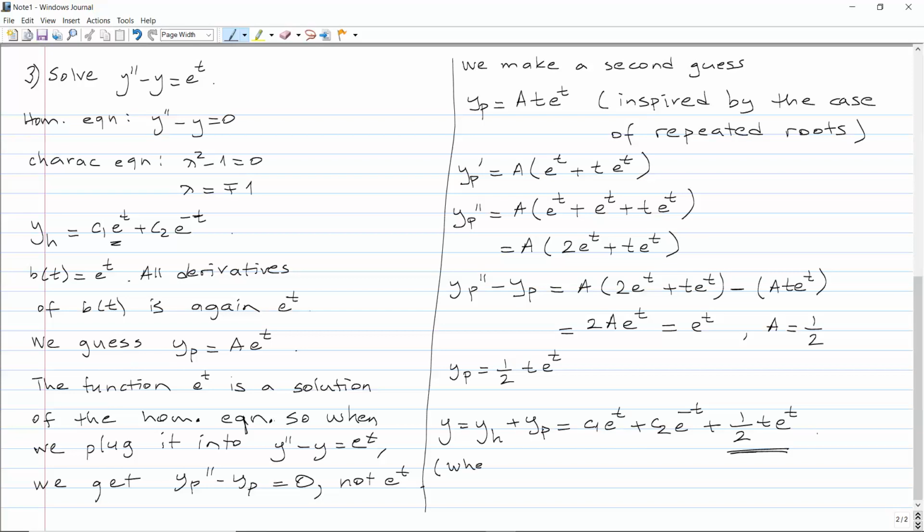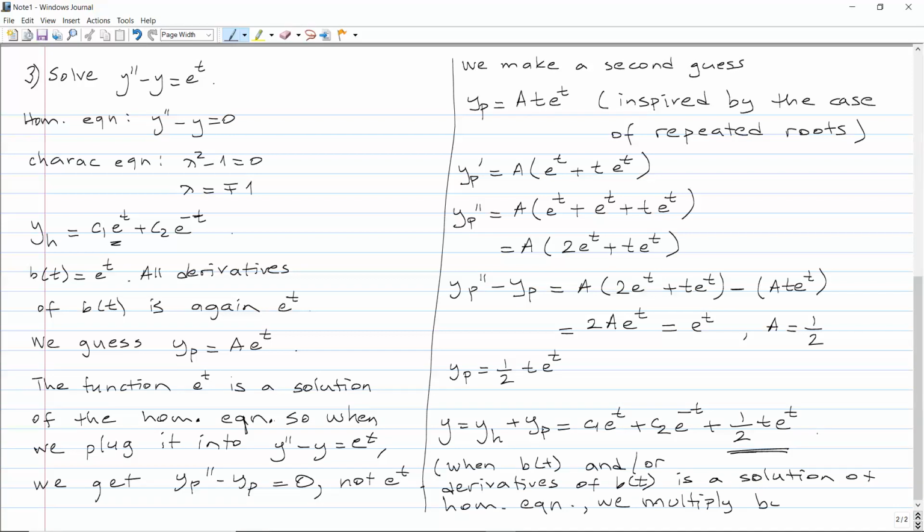When b(t) or derivatives of b(t) is a solution of the homogeneous equation, we multiply by t.